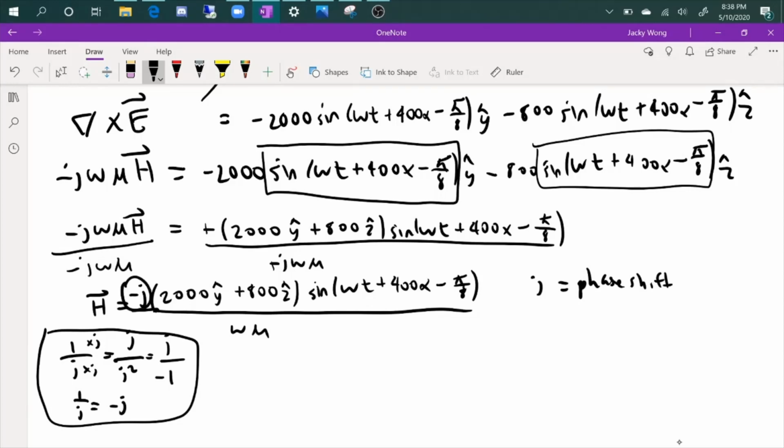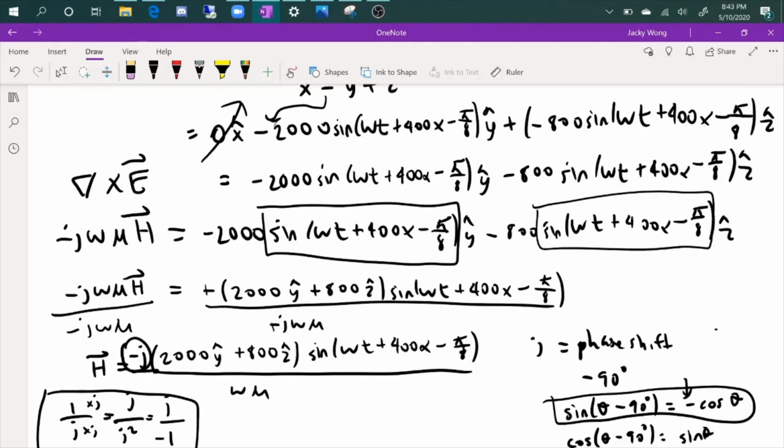We have a negative j, so that implies a negative 90-degree phase shift. We know that when we put a phase shift onto sine theta minus 90 degrees, it equals negative cosine theta. If we get cosine theta minus 90 degrees, we just get sine theta. In our case, we have the sine term. Since we have the sine term, we know that we'll end up getting negative cosine.